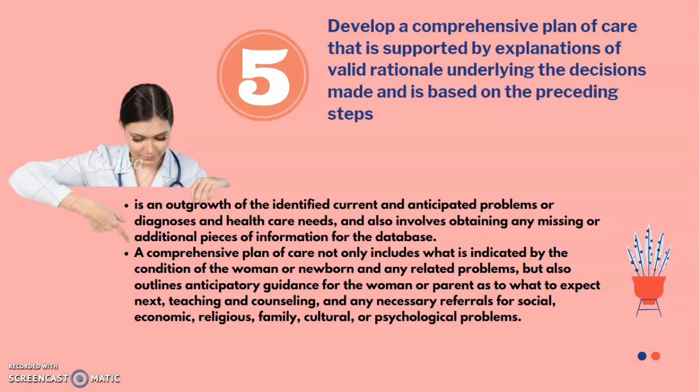A comprehensive plan of care not only includes what is indicated by the condition of the woman or newborn and any related problems, but also outlines anticipatory guidance for the woman or parents as to what to expect next, teaching and counseling, and any necessary referrals for social, economic, religious, family, cultural, or psychological problems.